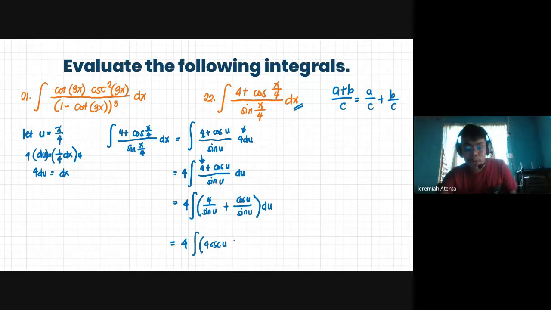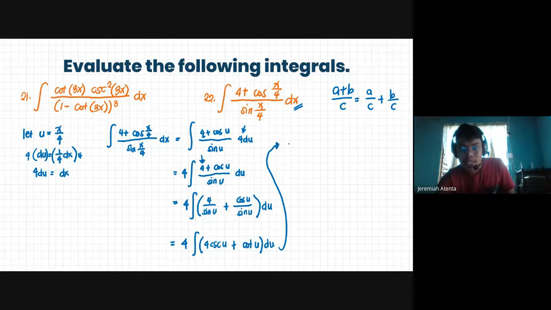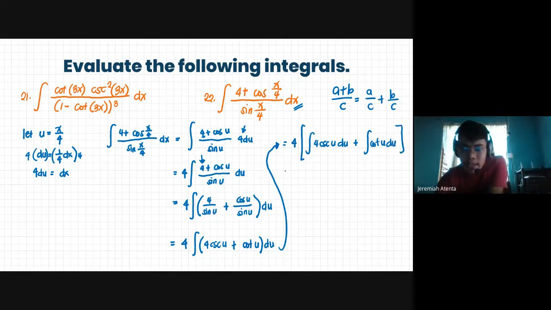I hope you can follow. From that, we can now integrate separately: 4 times the integral of 4 cosecant u du plus the integral of cotangent u du.